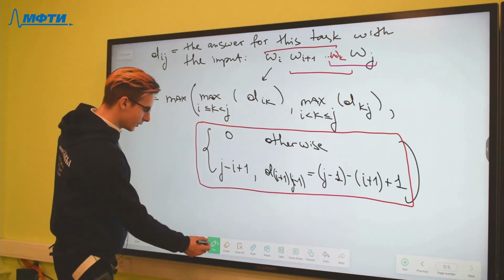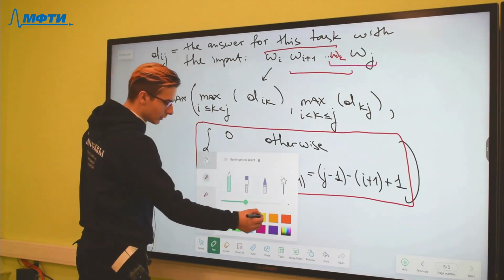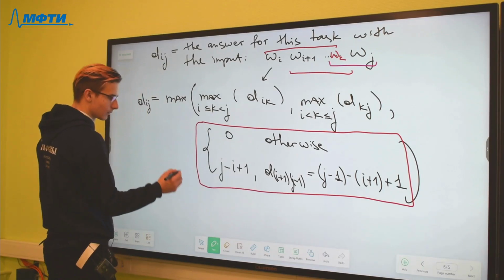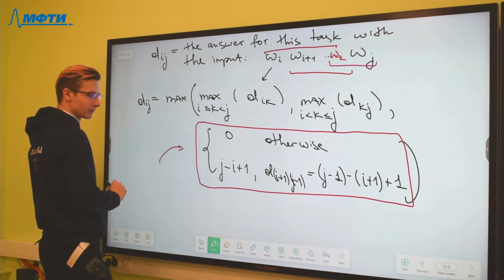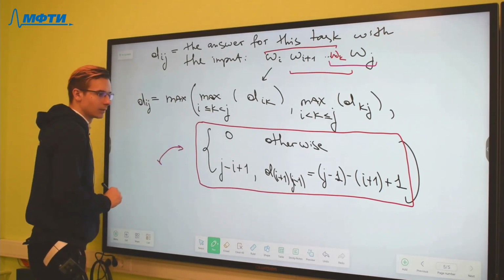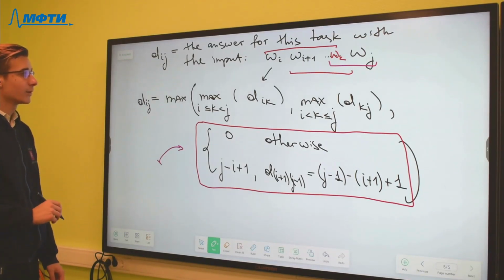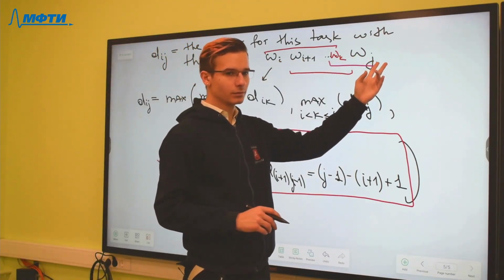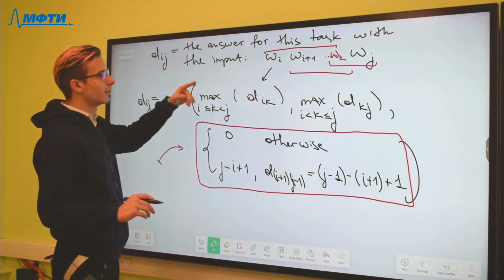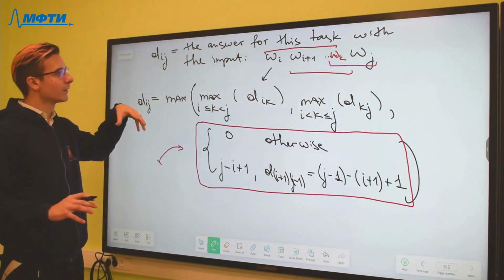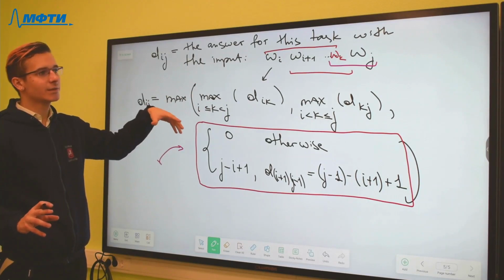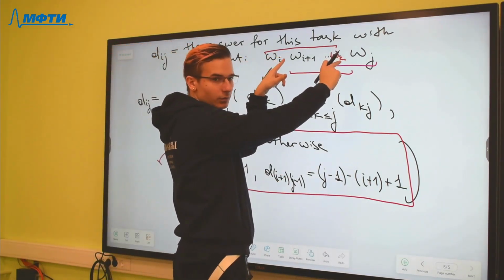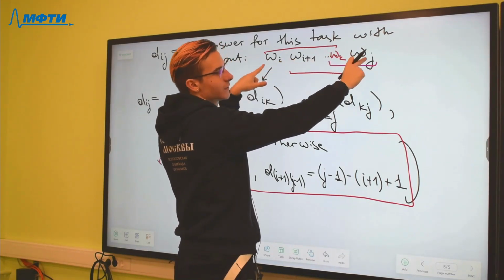We need to change this formula, because if we know that the characters are equal, we can find a subsequence in which we find a palindrome and add these two characters to it.